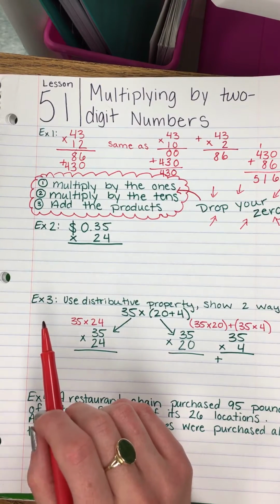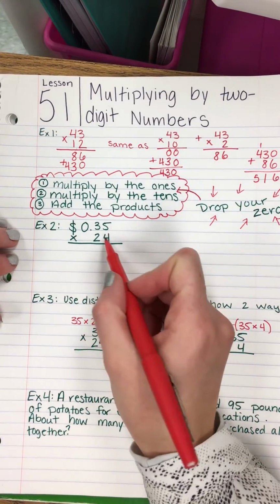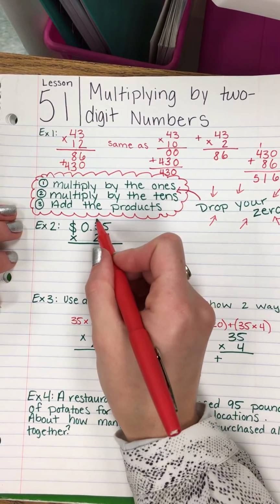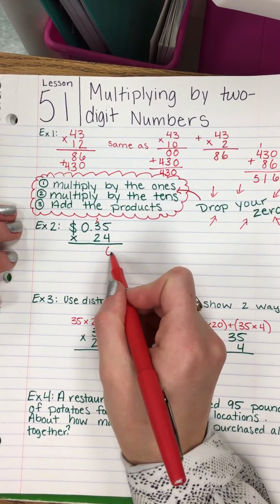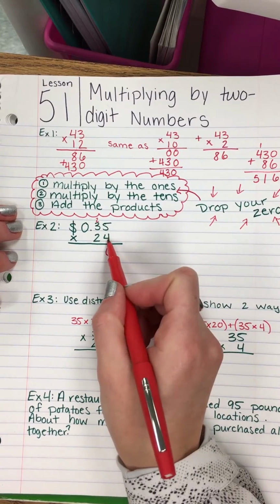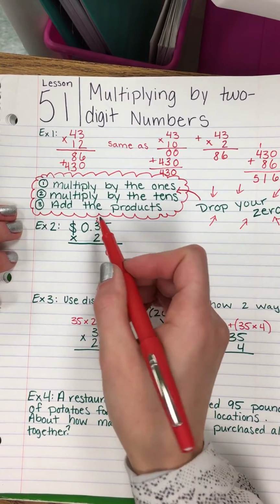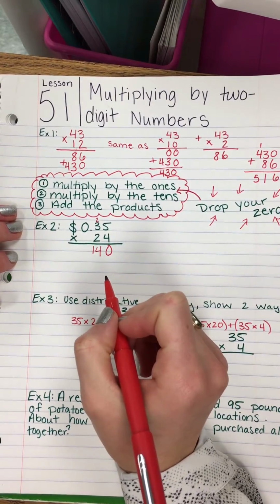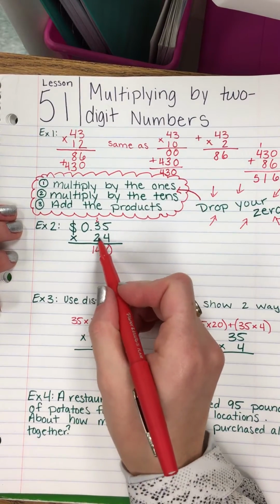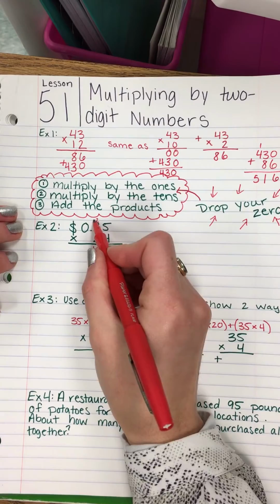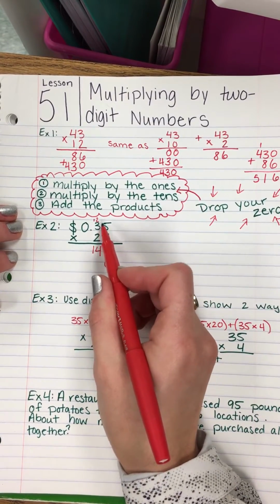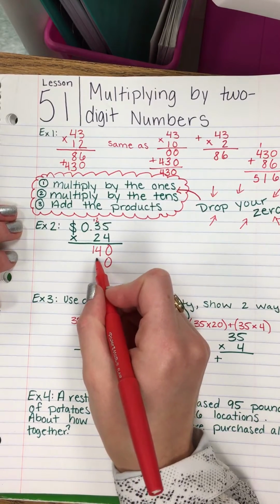So the first thing that we're going to do is 4 times 5, which is 20. And then 4 times 3, which is 12, 13, 14. And then 2 times 5, which is 10. And then 2 times 3, which is 6, plus 1 is 7.